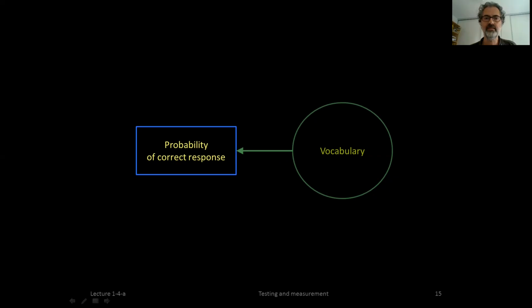This idea is that, well, when you have a high vocabulary, you are more likely to answer correctly to word questions, and then we repeatedly sample this ability of yours by using lots of different words, and we use the observation of whether you answered correctly or not in conjunction with our knowledge of the probability of answering these correctly in order to conclude something about your vocabulary.